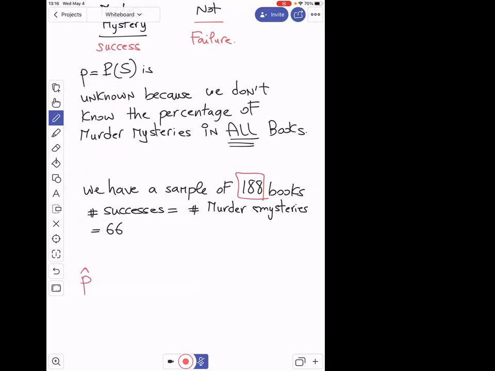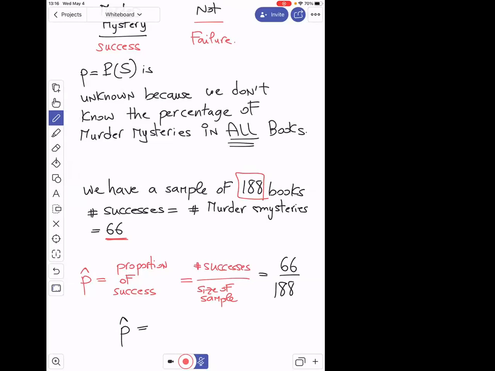So p hat, the proportion of success in this sample, is 66 over 188. Again, the proportion of success is the number of successes divided by the size of the sample. So that's p hat.